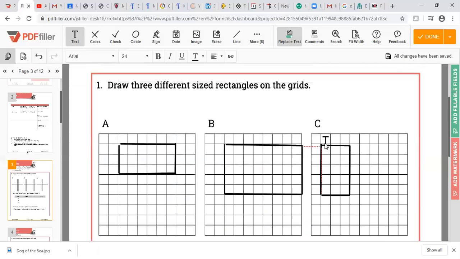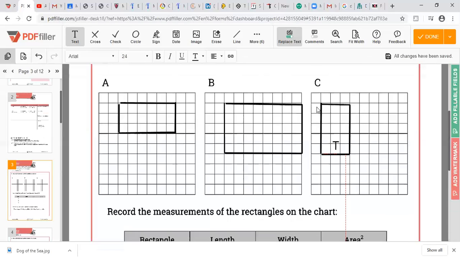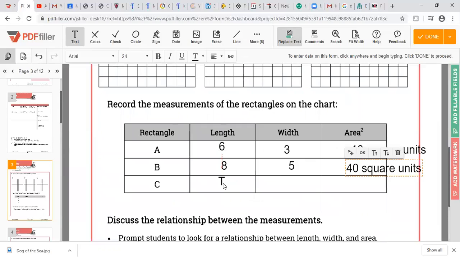Now let's look at C. I'm going to count my length. 1, 2, 3. Well, actually, if I'm going to say the longest, it would be 1, 2, 3, 4, 5. My width, oops.